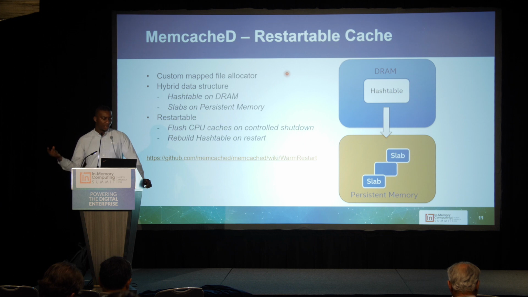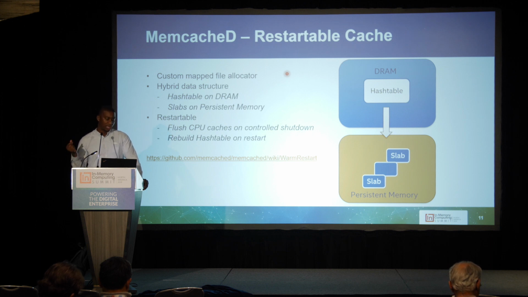Now what this means is on a restart, in order to be able to restart it properly, on a controlled shutdown, you need to make sure you flush the caches because persistent memory is still cache coherent. So if you want all the data to still be there, you need to make sure you flush on a controlled shutdown. That's one of the prerequisites for the Memcached restartable cache if you want to be able to recover your data.